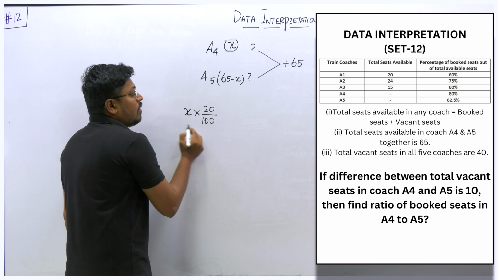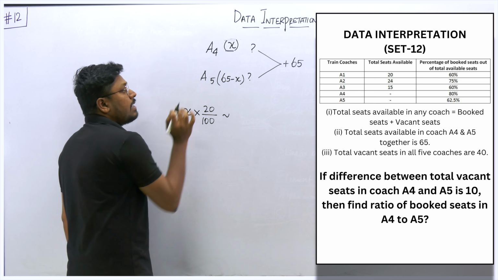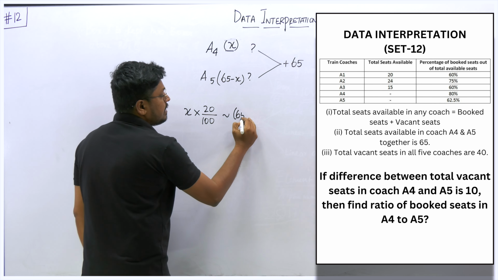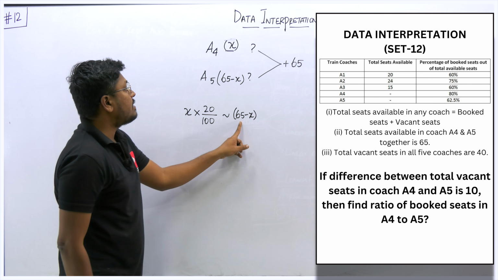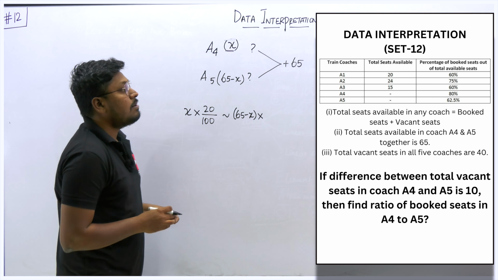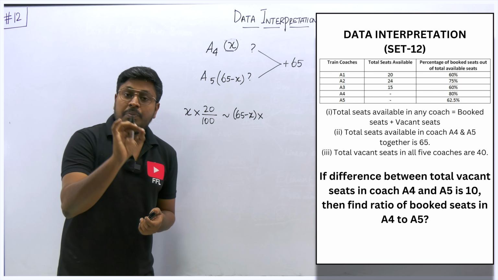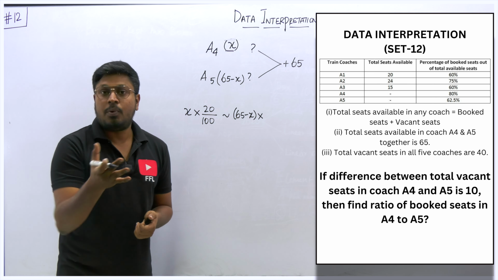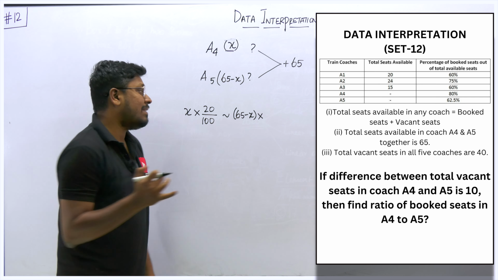So the first coach, that is A4, total number of vacant seat, and the difference with the second, A5, will be 65 minus x, right? It's just a difference. And then what is the percentage here? The total booked seat percentage is 62.5. If 62.5 is booked, then what about the vacant? 100 minus 62.5 will be 37.5.